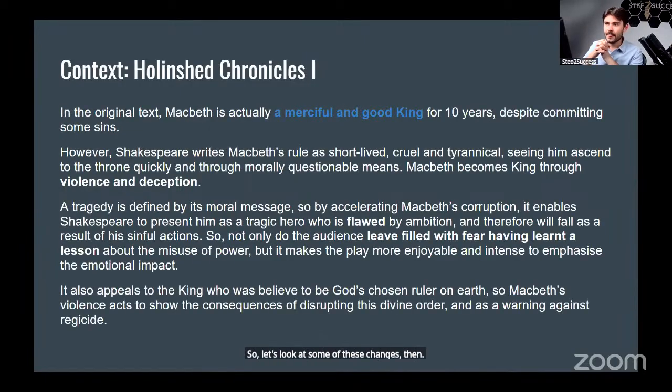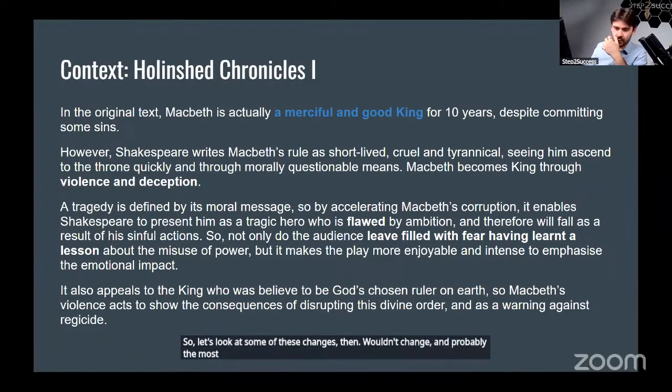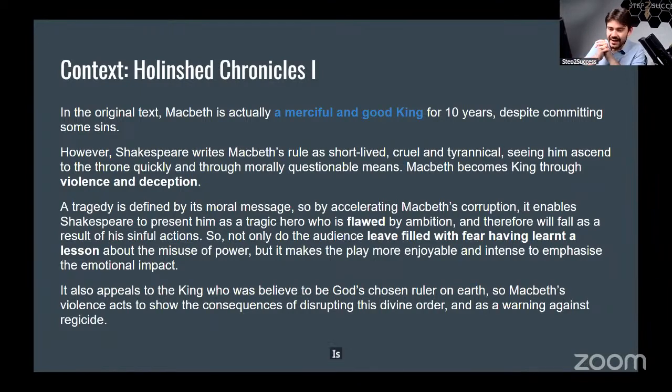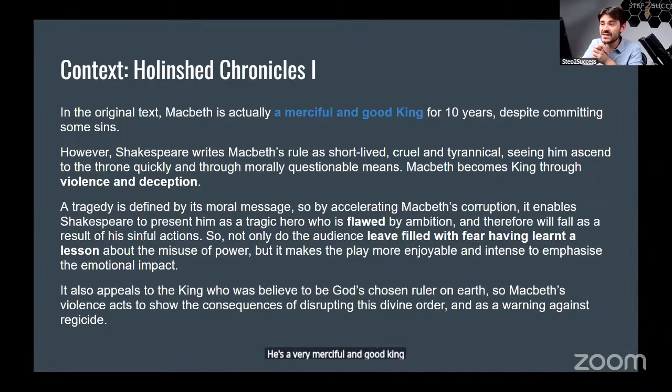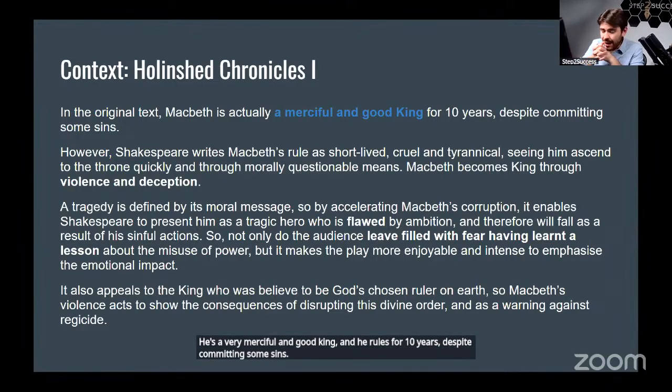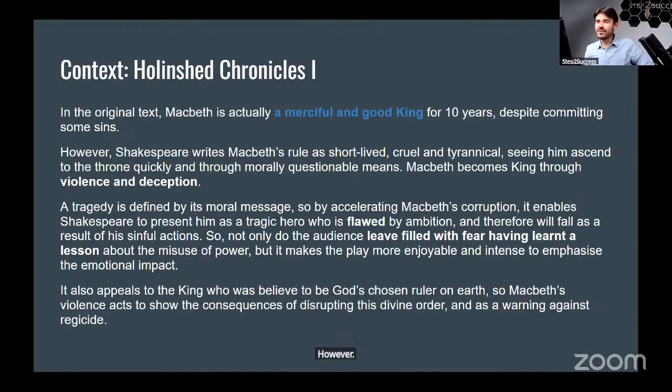One change, and probably the most important one, is that in the original text, Macbeth is actually perceived as quite a nice person. He's a very merciful and good king, and he rules for 10 years, despite committing some sins. However, Shakespeare writes Macbeth as short-lived.